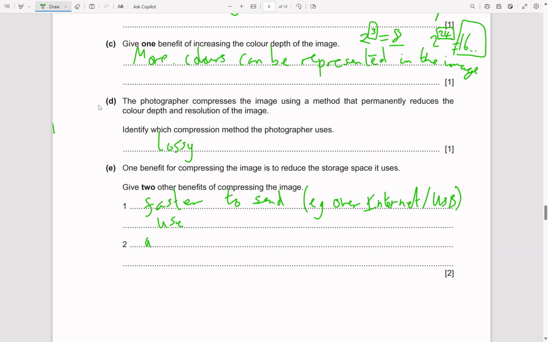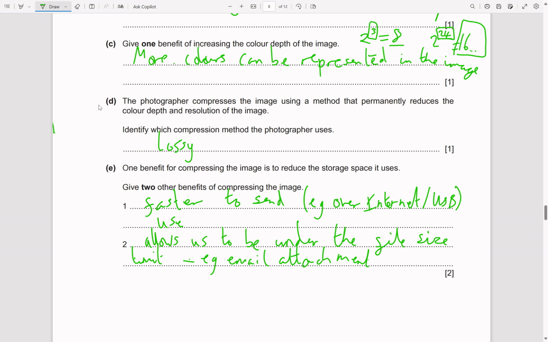So let's say it maybe allows us to be under the file size limit, e.g., email attachment limit or something. And of course, this could be some social media app as well. They might have some limit.